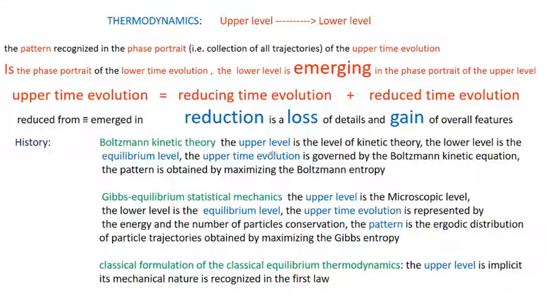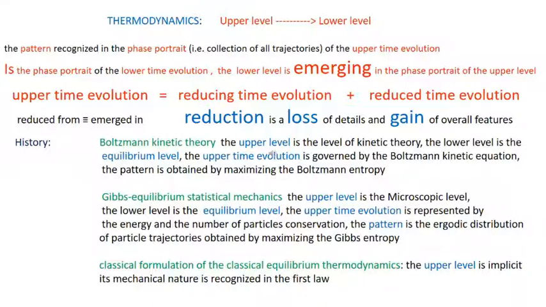Of course, in the case of the lower level being the equilibrium level, there is no reduced time evolution. So it means with the lower level being the equilibrium level, the upper time evolution is also the reducing time evolution.